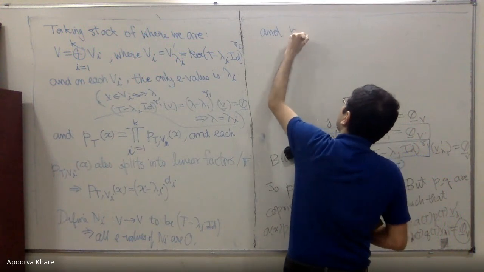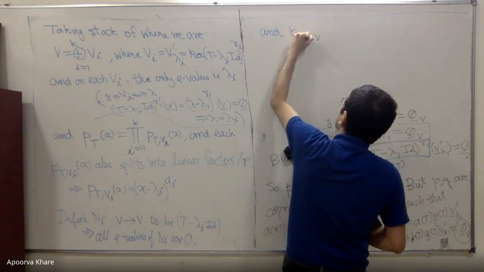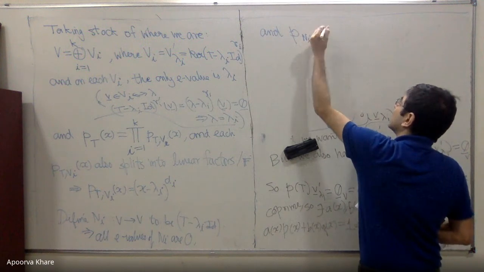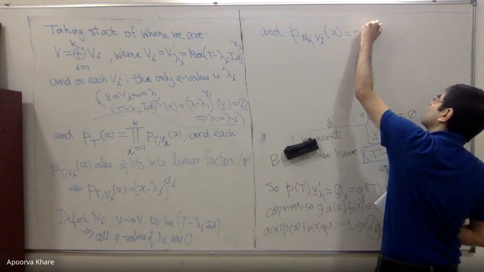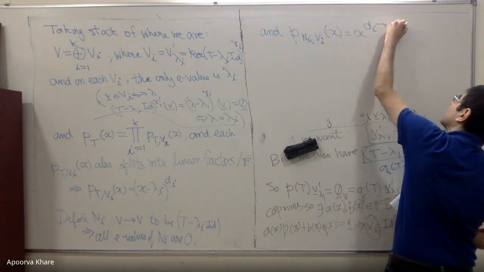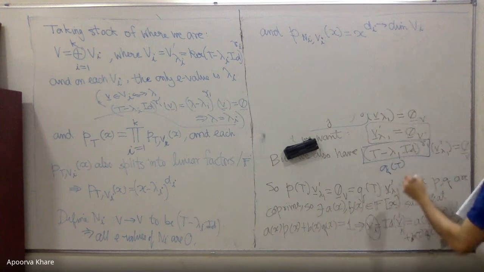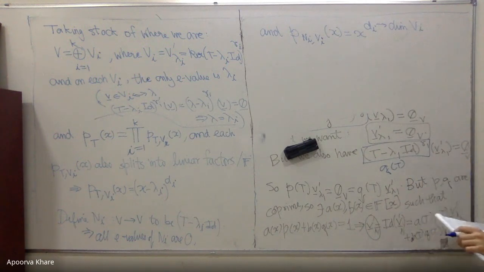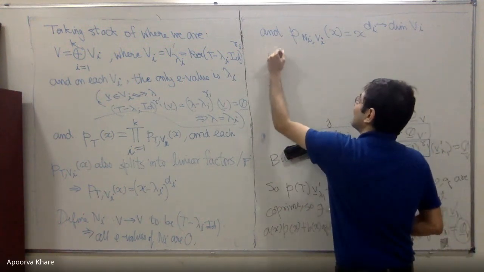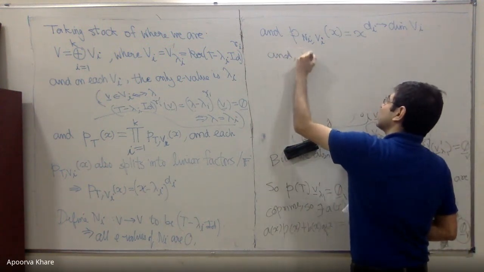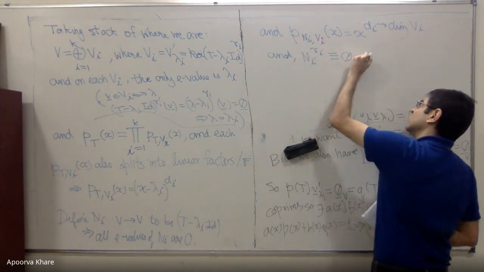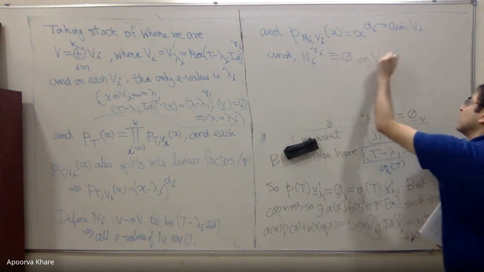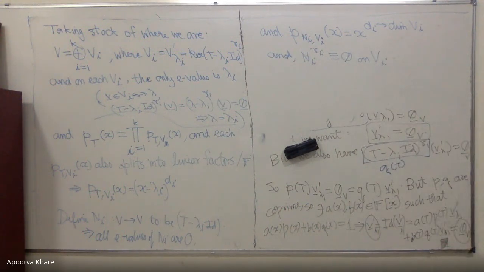So P_{N_i, V_i}(x) is literally just (x minus 0) to the power d_i, d_i being the dimension of V_i. Okay, and as I said, N_i to the power r_i is identically 0 on V_i. The zero linear transformation.